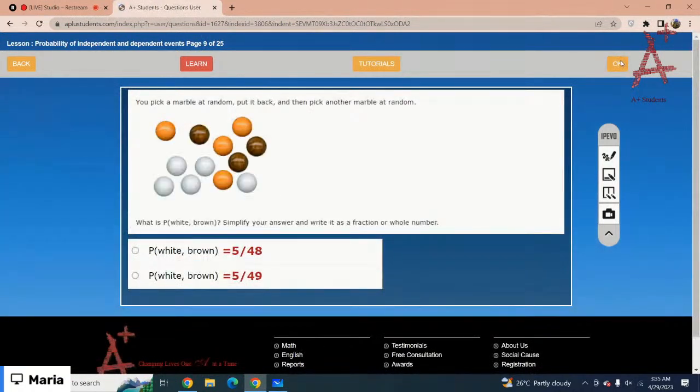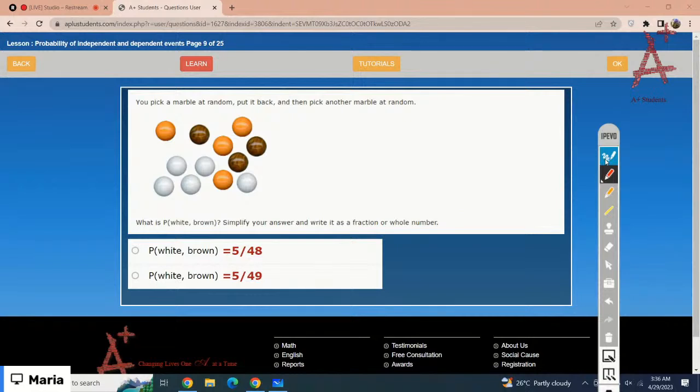Okay, you pick a card at random, put it back, and that would be an independent event because you put the card back. So probability of white and brown. Okay, probability of white. 5 of them are white, and the total is 12. So probability of white is 5 over 12.